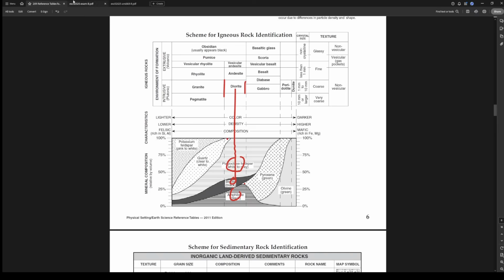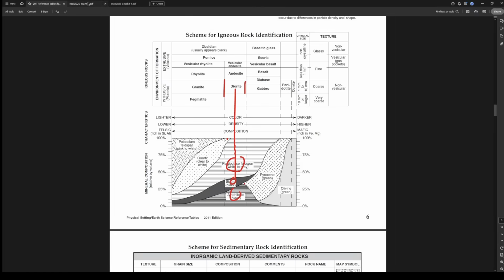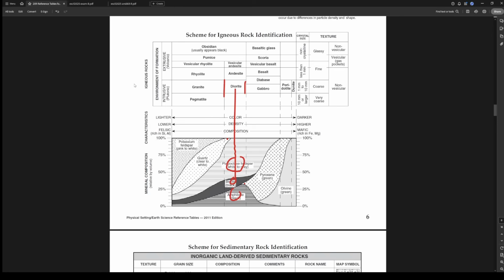But mostly plagioclase feldspar, so that has to be an answer. Is any of them not? So it's not potassium feldspar. Go back. Biotite and amphibole. This is the answer. 3. Because it says most likely found together, so the spots with the tiny little bit is more unlikely to be found.